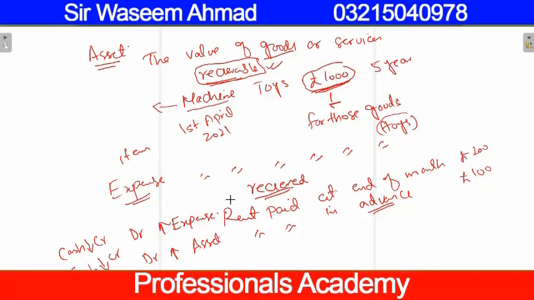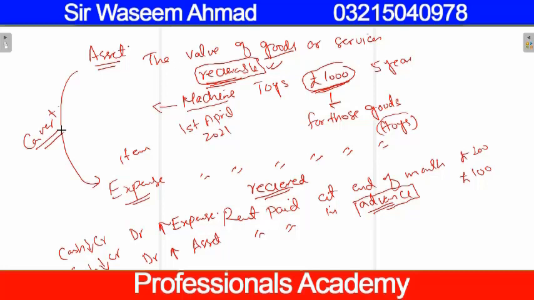The next step, what will happen in next month? The rent paid in advance, in current month or at the start of the month, the services are receivable. But at the end of the month, services are being received. So the services received, the asset will convert into expense. Now the main point is that there are certain items which are used over the years that are clearly assets, and it is very easy to remember them.